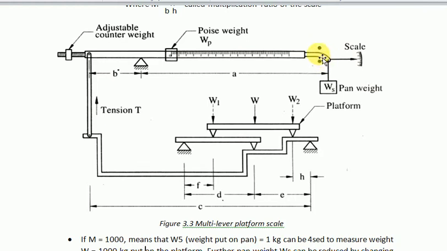When they are balanced at the center, the value we get here is actually the weight calibrated on this scale, and we can note it down.